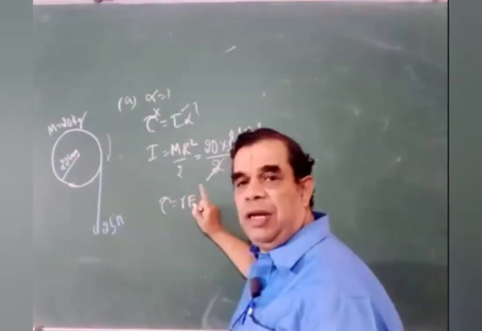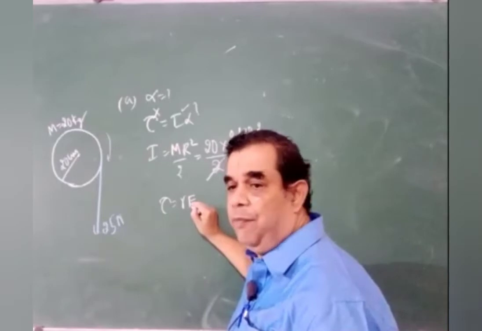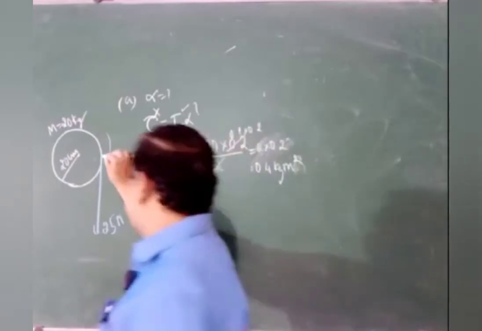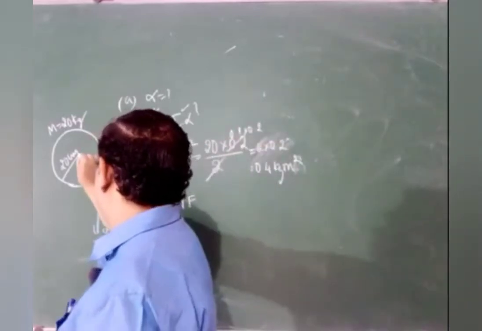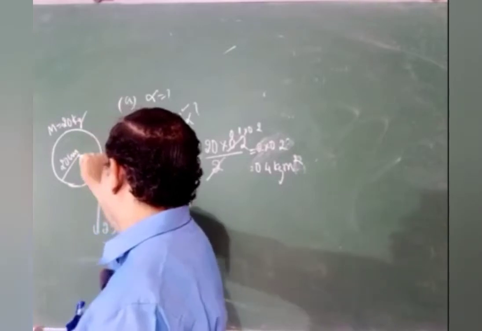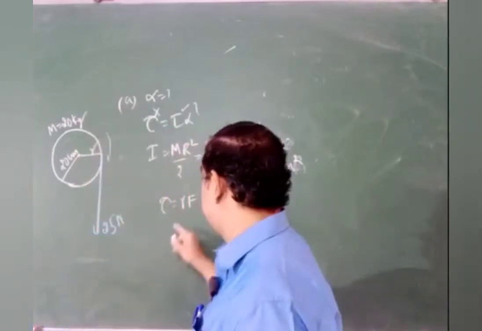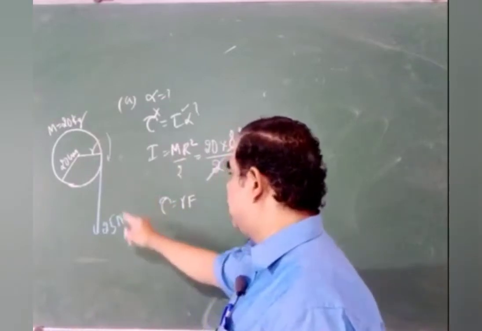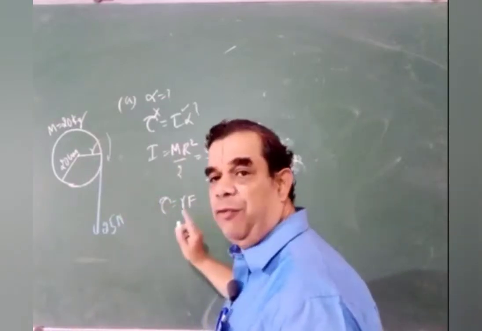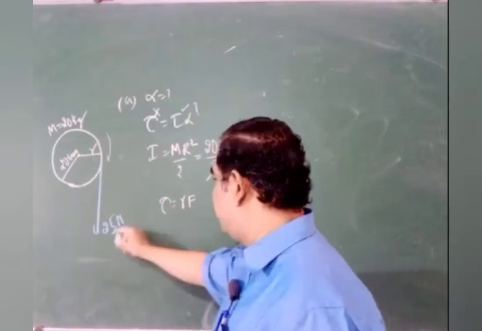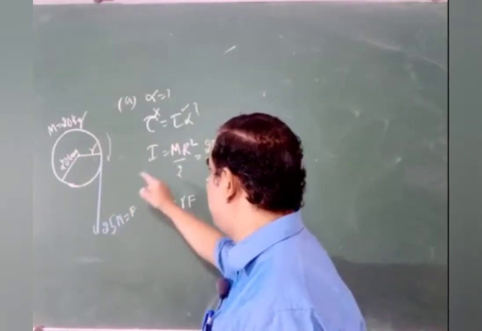You know, tau equals RF or FR. R cross F, RF sin theta, to be written. But observe here, we are applying the force at this point. Therefore, this is always at right angles to the radius vector R. Therefore, R and F are at 90 degrees, so we can take RF only. We know F is given as 25 Newton, R is also known.